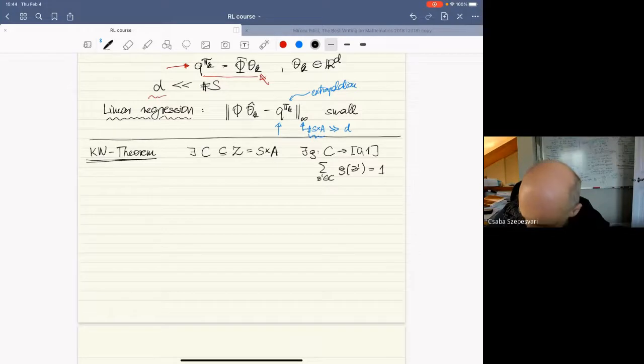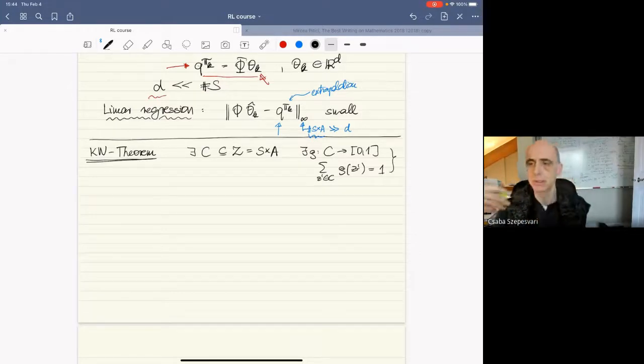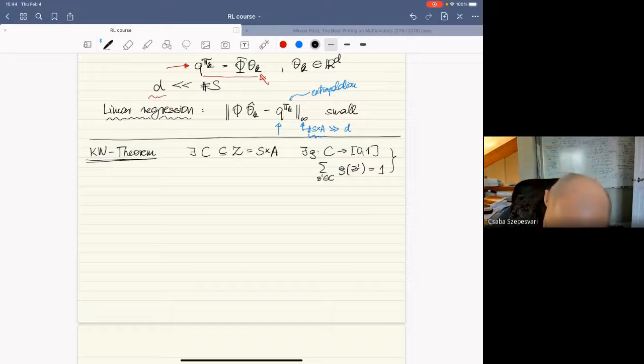So this is, in effect, a probability distribution on C, such that the nice thing is that C doesn't have too many elements. It has at most d(d+1)/2 elements.